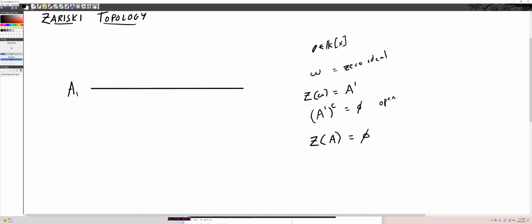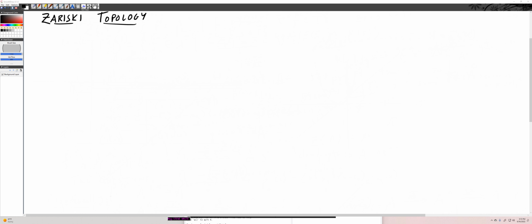And the complement of this has to be open. So A1 has to be open. So you have that both the empty set and the entire line are open in this topology. It's also worth noting that they're both closed. So they're both open and closed.